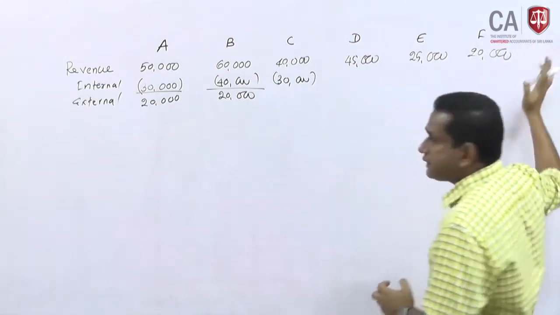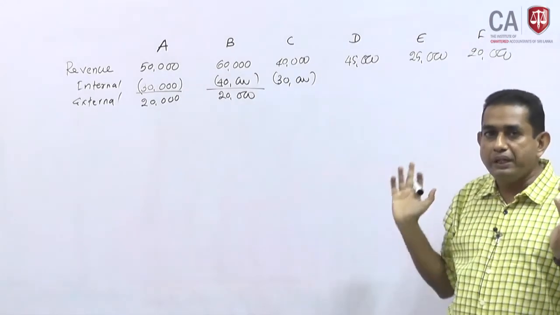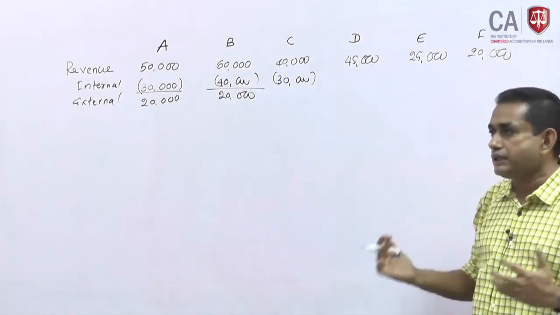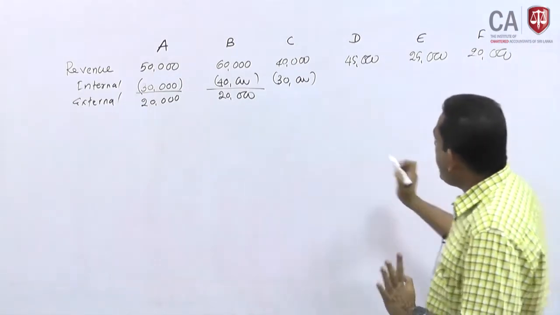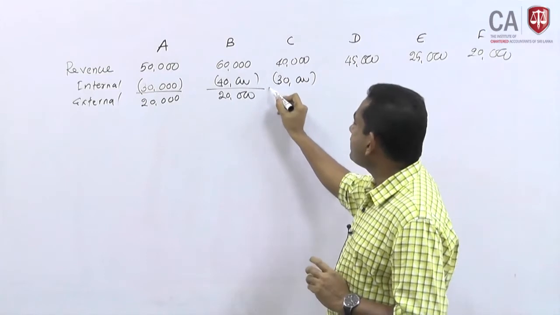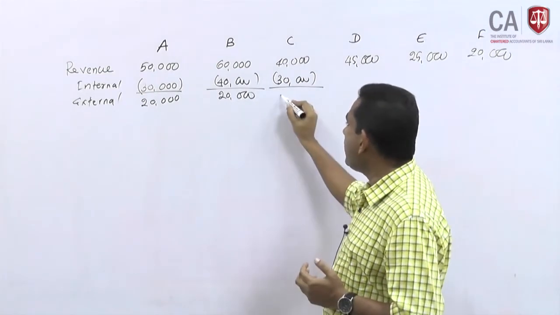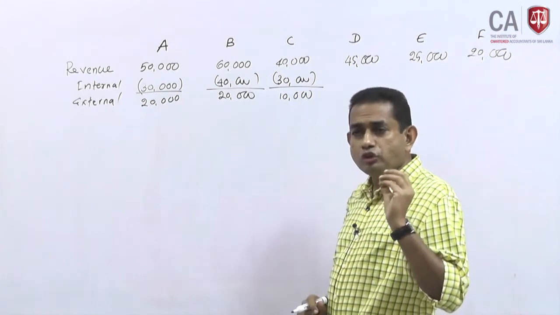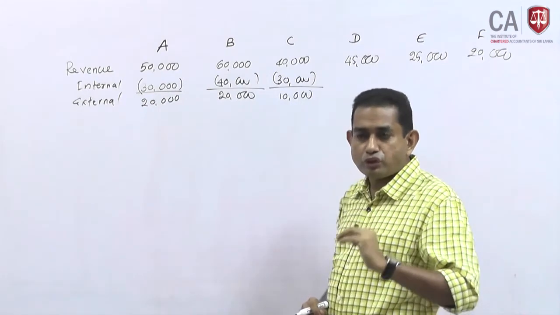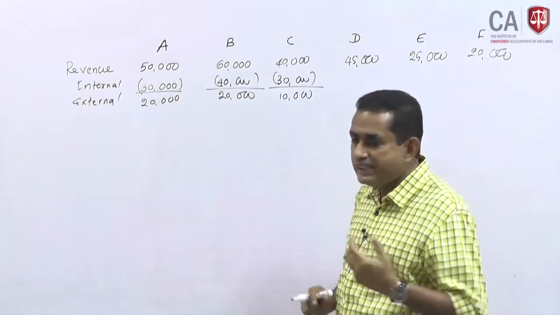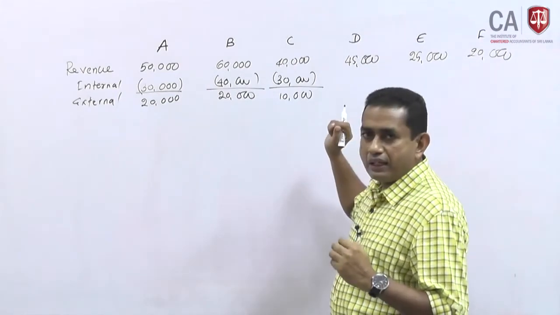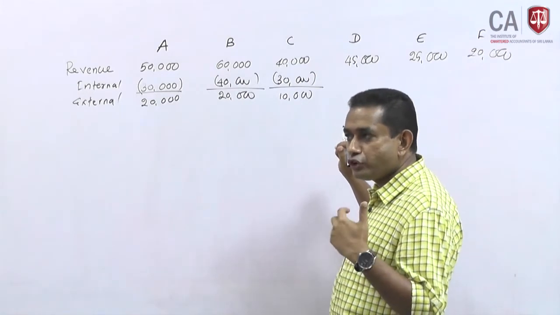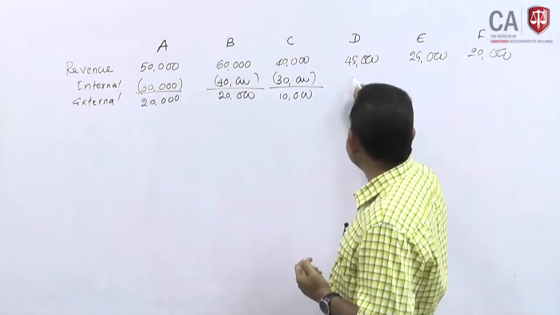There would have been some other segments which have not been recognized as reportable segments because they have not satisfied any of the quantitative thresholds. Out of 40,000, 30,000 is internal, so the balance 10 is the external revenue. And in this 45,000 total revenue of segment D, there is no external revenue, everything is internal.